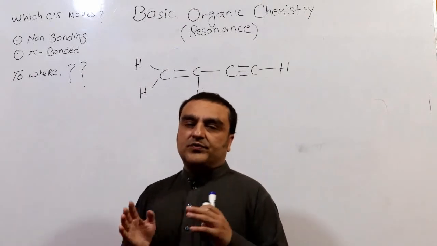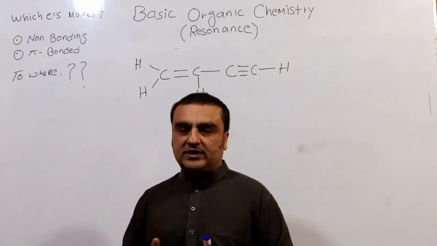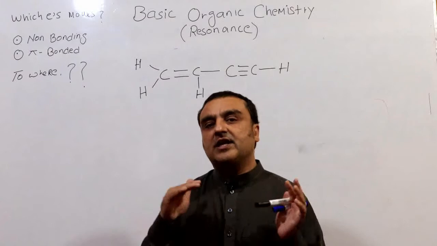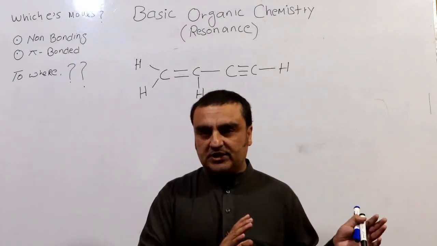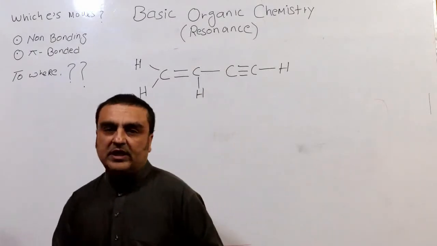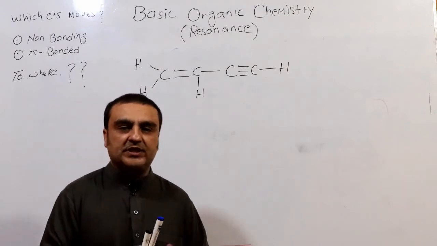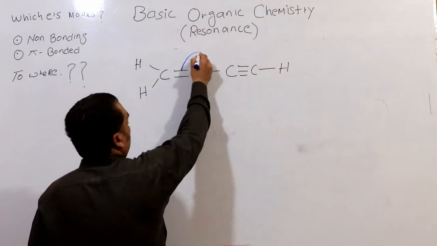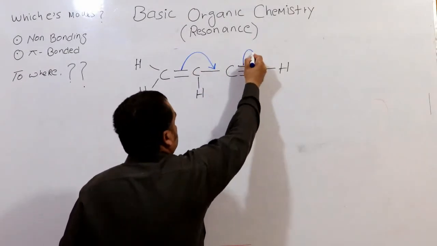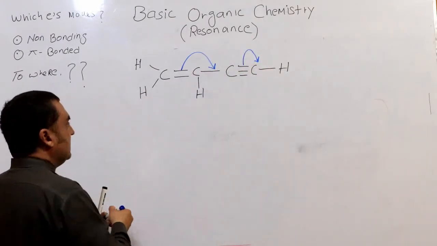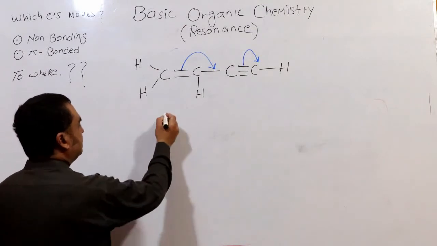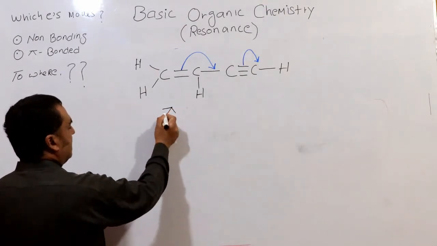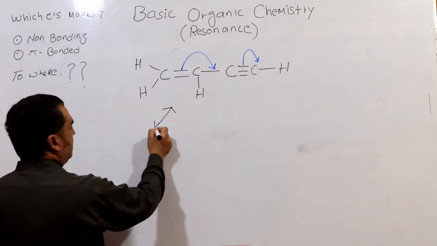Now those tools of the inductive effect and the electronegativity will help you to understand what will be the actual structure, but right now I just want to show you how the electron moves. Okay, so I need to write it a little bit quicker. What happens? This will be the next structure. This is the arrow for resonance.